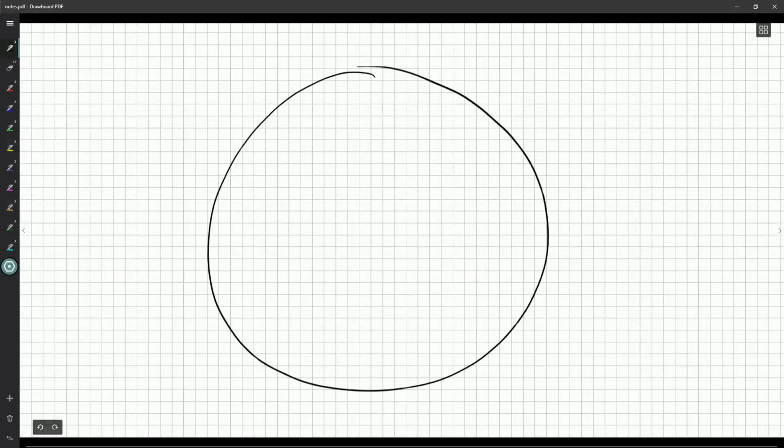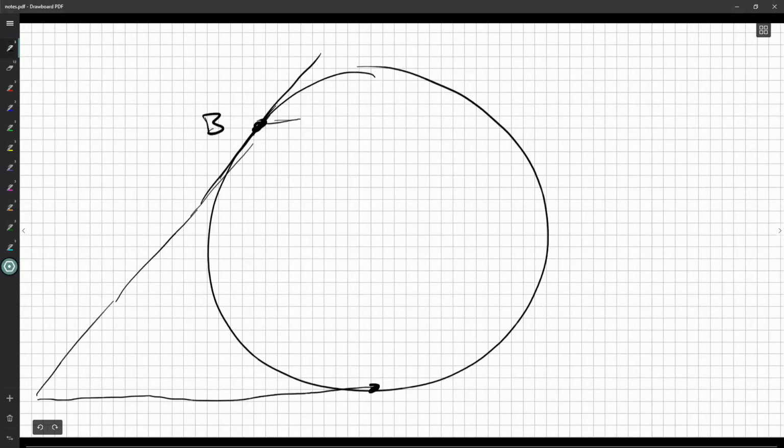So while I mull this over in my head, I'm going to redraw the picture, but a little bigger. So we've got AC, we've got a nice tangent here. Put C right at the bottom there, and B right here, and so BD is parallel.